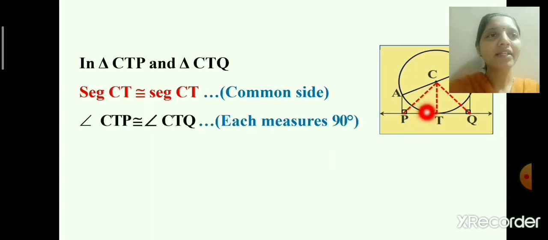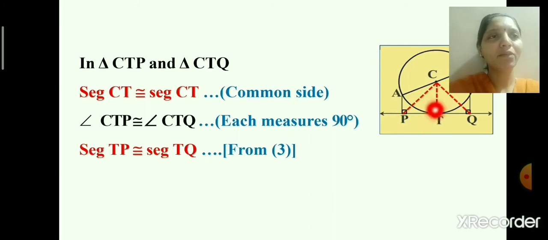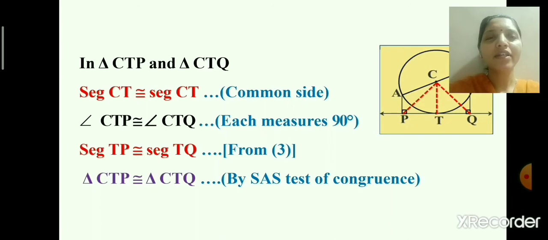Similarly, angle CTP is congruent to angle CTQ, each of 90 degrees. Seg TP is congruent to seg TQ from equation 3 that we have written. Therefore, triangle CTP is congruent to triangle CTQ. Write the reason as by SAS test of congruence.